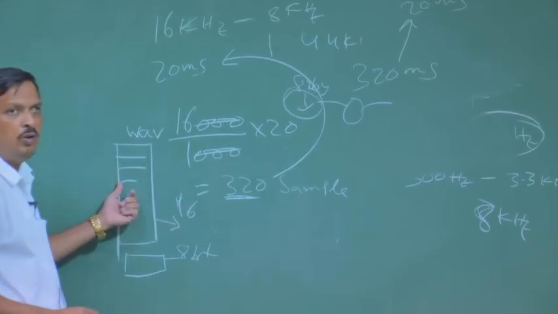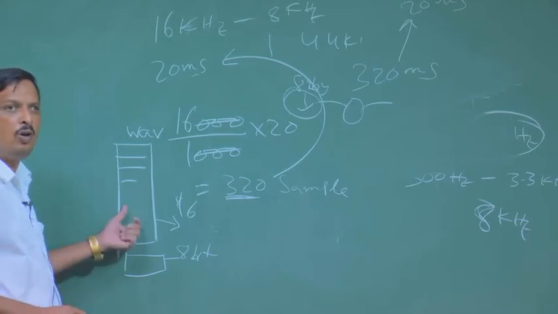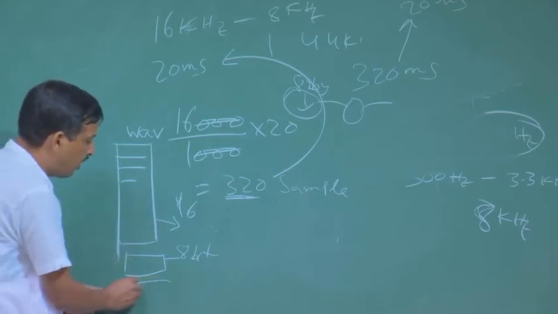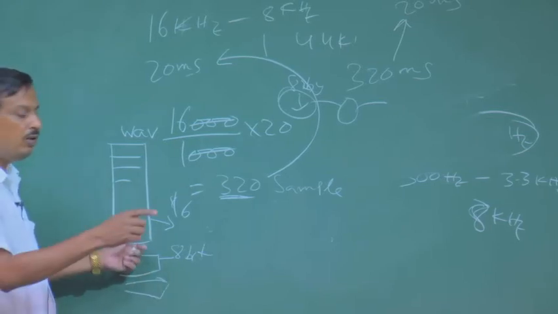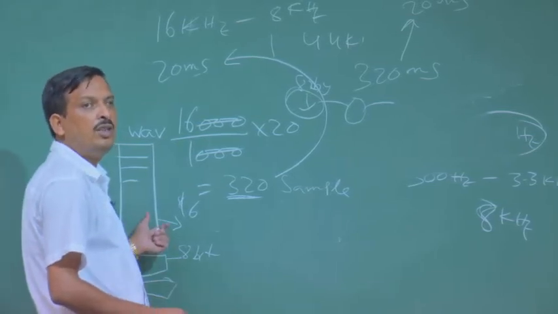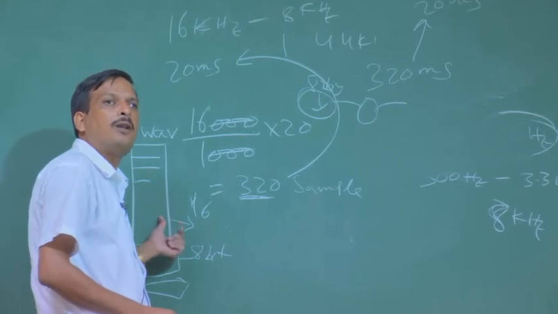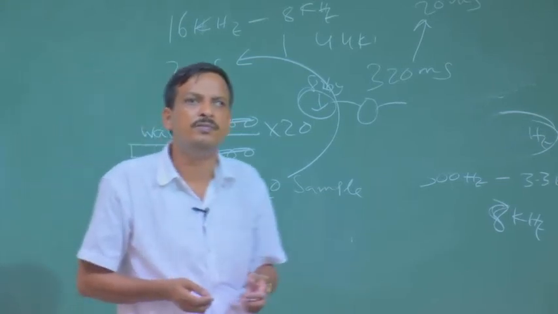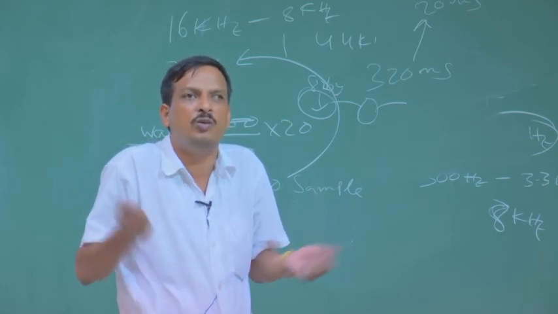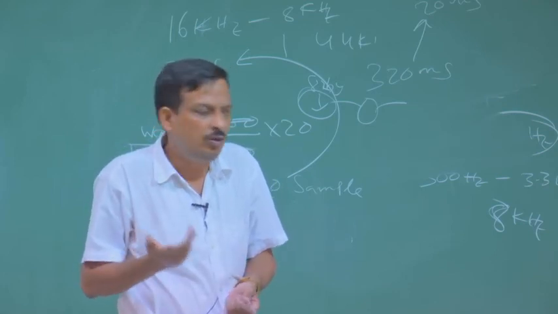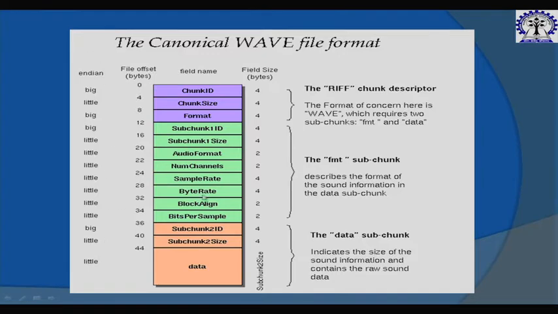If it is stereo, there are 2 channels of recording. If it is mono, there is a single channel recording. The sampling frequency is also important, because unless I know it, I cannot process the file. Digital processing of this sound file requires the sampling frequency. So the sampling rate, byte rate, block size, chunk and other format details are given in the slides.